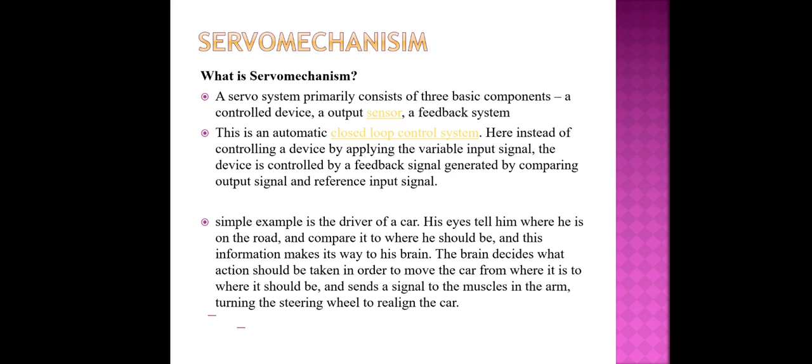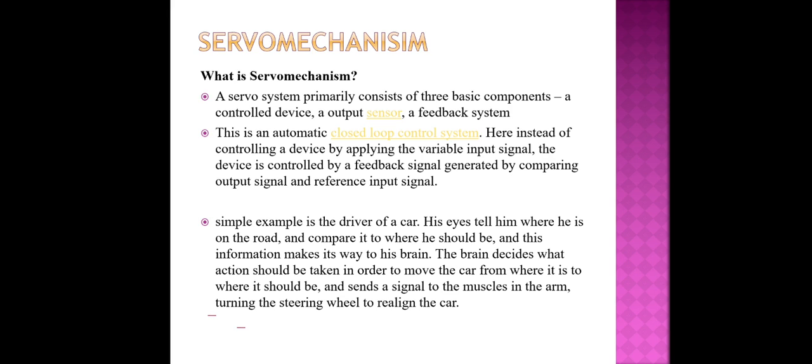Then the brain decides what action should be taken in order to move the car from where it is to where it should be, that means from the source position to the destination position, and sends a signal to the muscles of the arms, turning the steering wheel to guide the car. This is a simple example of a servo system.